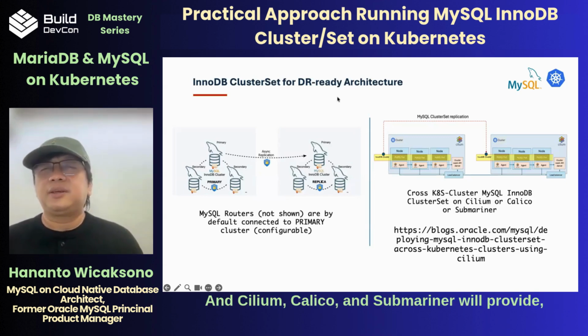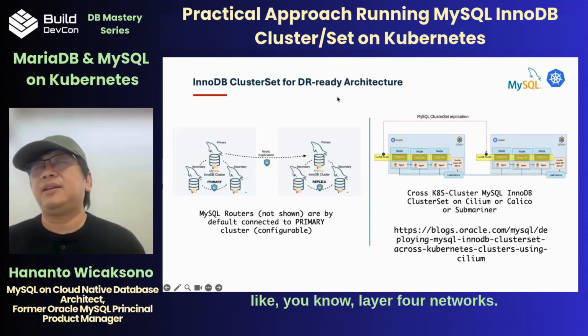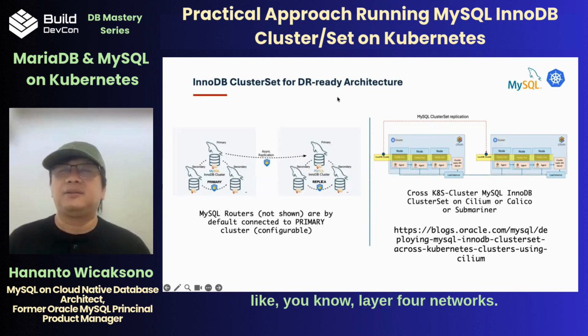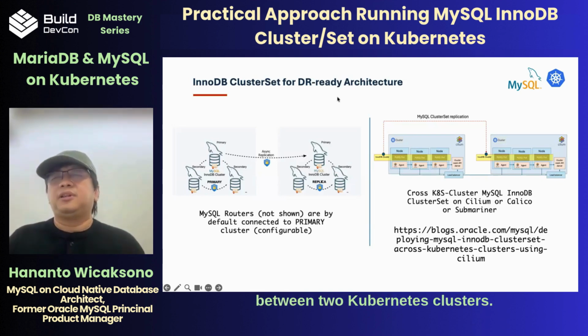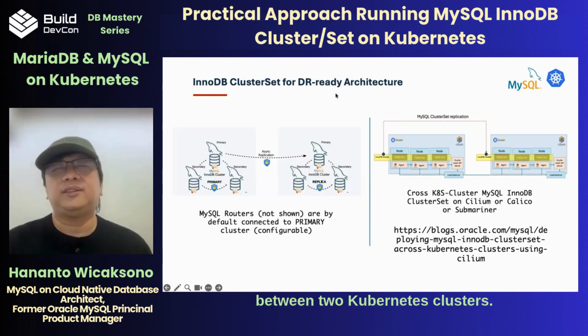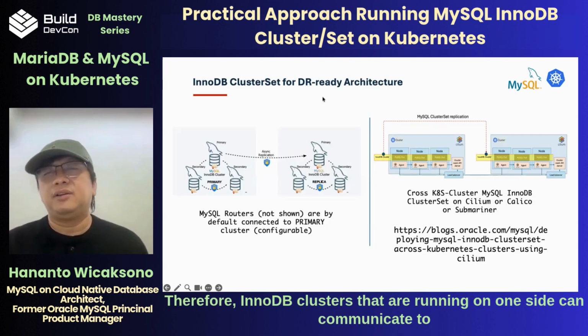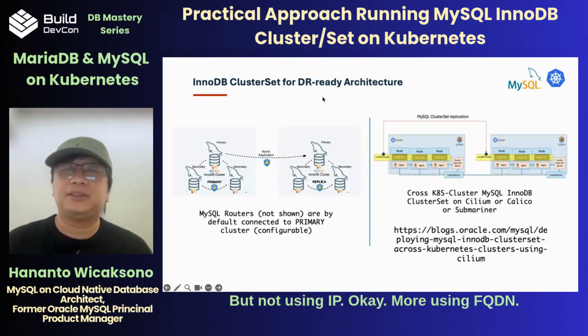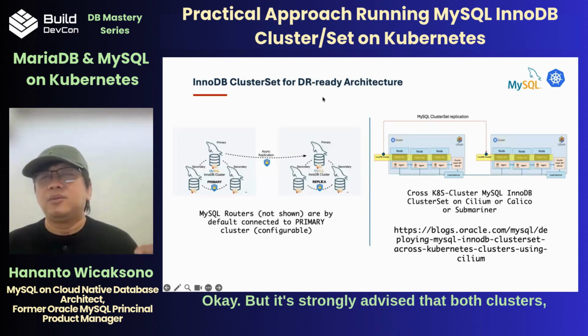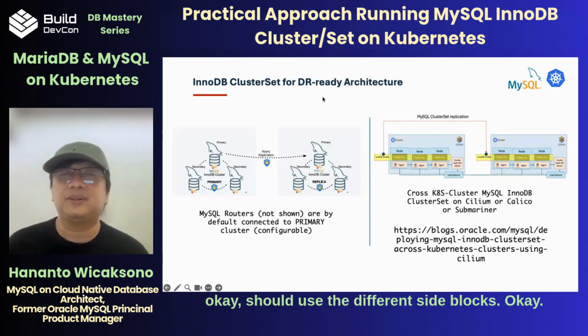Cilium, Calico, and Submariner provide layer 4 network communications between two Kubernetes clusters. Therefore, an InnoDB cluster running on one side can communicate to the other side, but not using IP, rather using FQDN. But it's strongly advised that both clusters use different CIDR blocks.